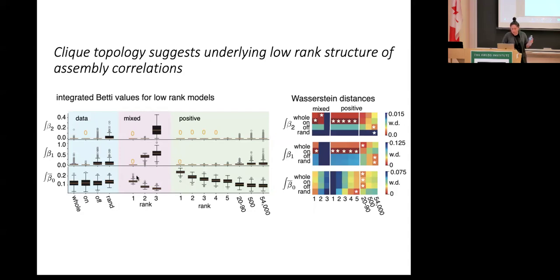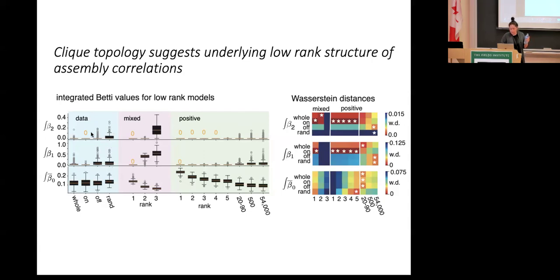And we already see that the mixed low rank model is not fitting the data very well by the time we get to rank 3. That makes sense because our data is not in that framework. However, even the high dimensional controls aren't really capturing what's happening with these random assemblies so well.